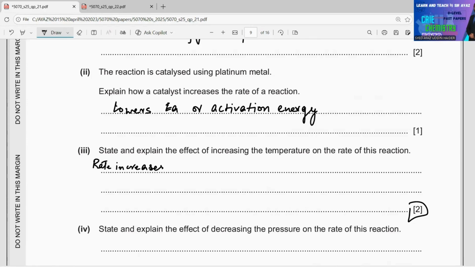You have to refer to the movement or energy of the particles. In the first part, refer to the movement or energy of the particles.